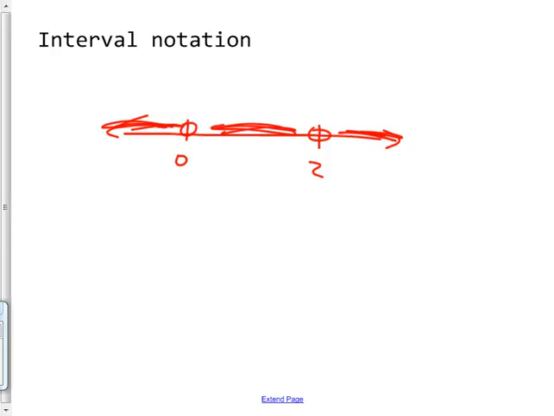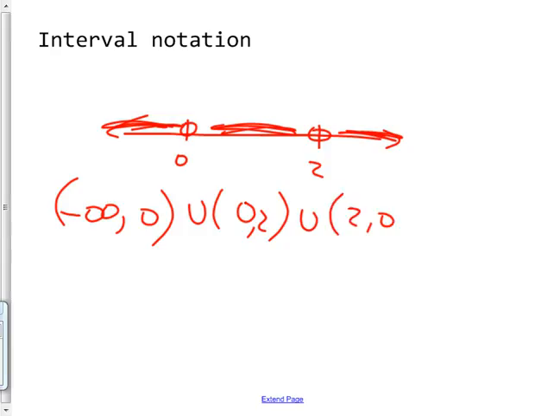You've got to be experts at interval notation because it's going to be all over the place in the answers. You would say negative infinity to 0, parentheses.